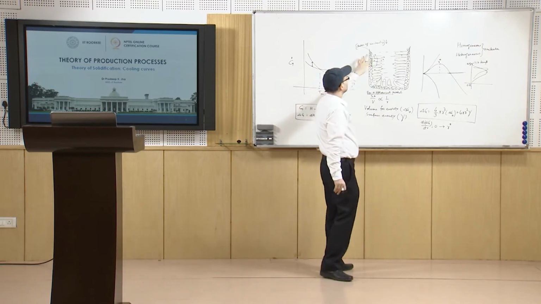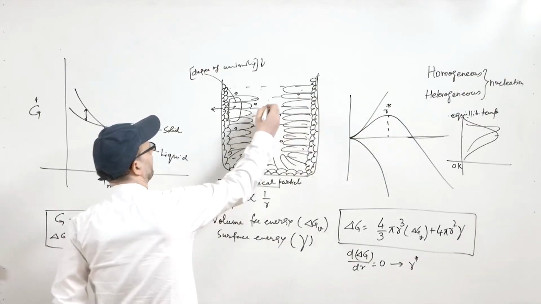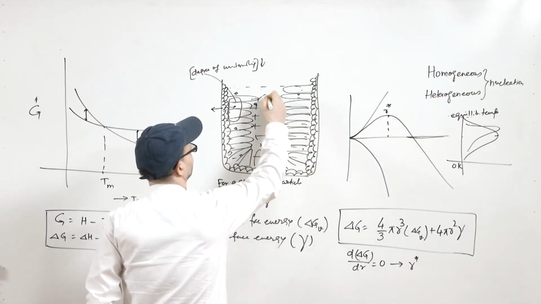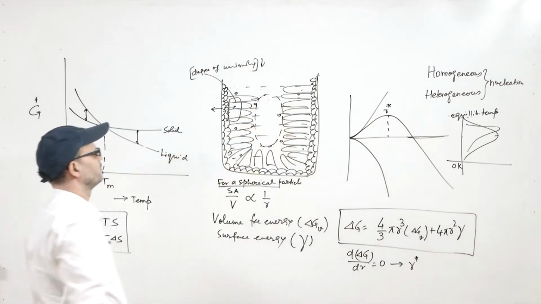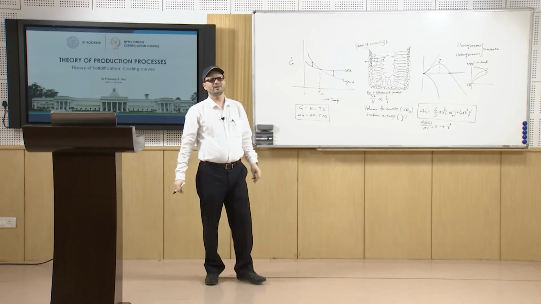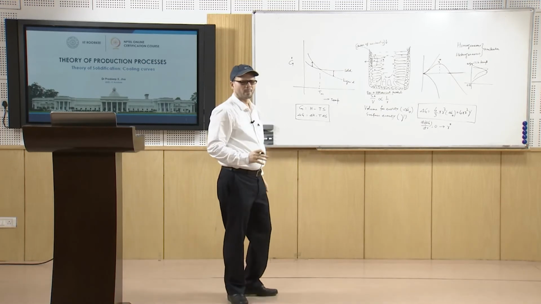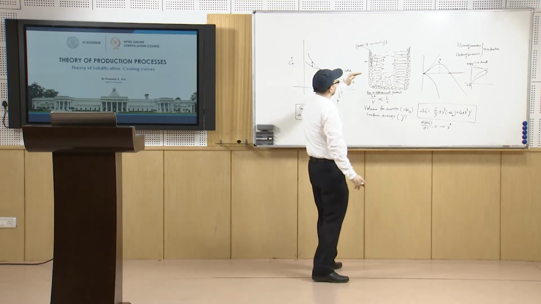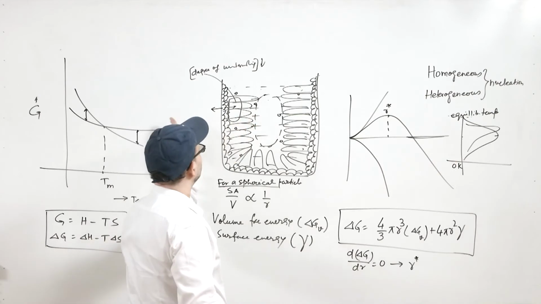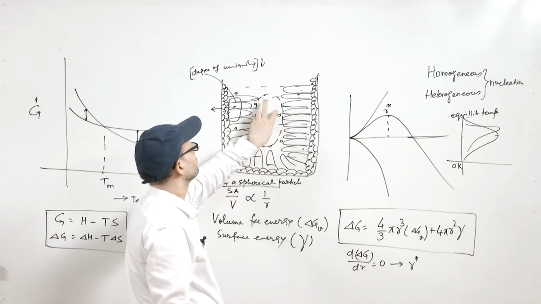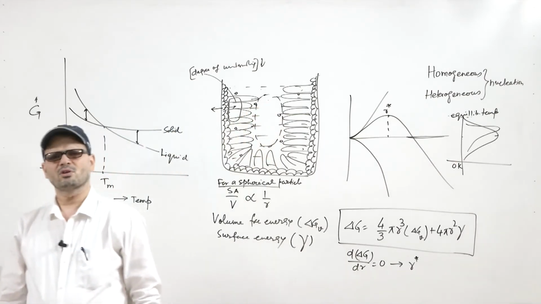Now, what we see is this will be the last portion to solidify, because ultimately all the heat is released in this as well as in this direction. So, this portion will be the last one to solidify.